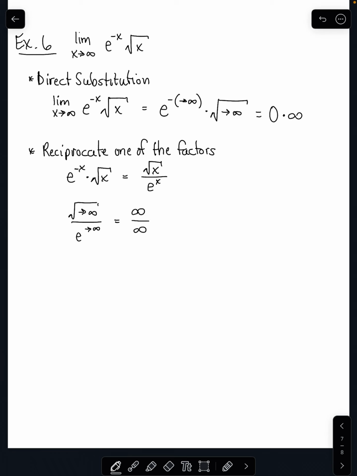So when we do achieve an indeterminate form that is not 0 over 0 or infinity over infinity, we will need to manipulate the expression to be in the form that it would result in 0 over 0 or infinity over infinity. Now we are ready to use L'Hopital's rule.